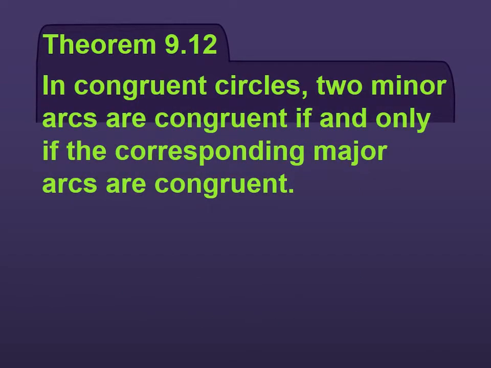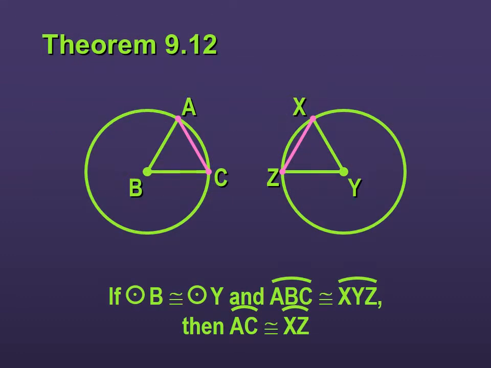Our next theorem says that in congruent circles, two minor arcs are congruent if and only if their corresponding major arcs are congruent. So here, circle B and circle Y are congruent, and the major arc ABC is congruent to the major arc XYZ, then that means that the minor arc AC is congruent to the minor arc XZ.